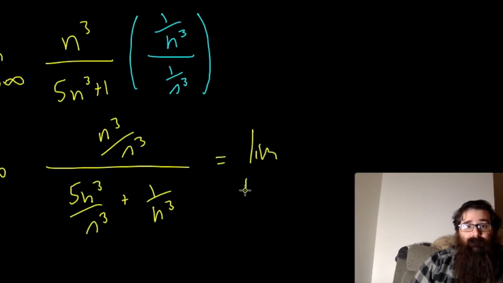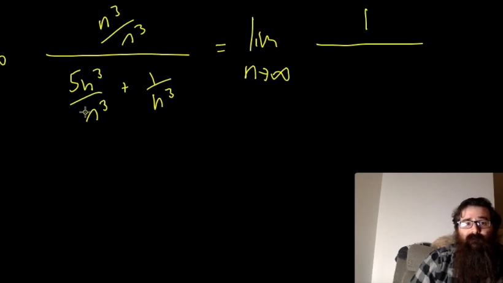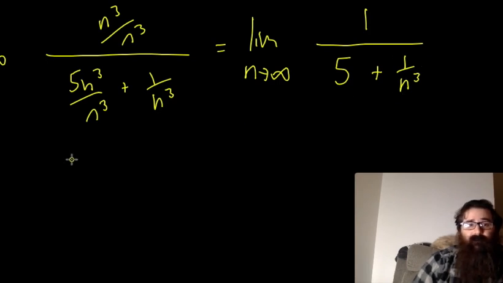And I can clean this up: limit as n goes to infinity of, on the top, n cubed divided by n cubed gives me 1. In the bottom, 5n cubed divided by n cubed gives me 5. And then plus 1 over n cubed stays. And now I can talk about this limit as n goes to infinity. Really, n only appears in one of these terms left over.